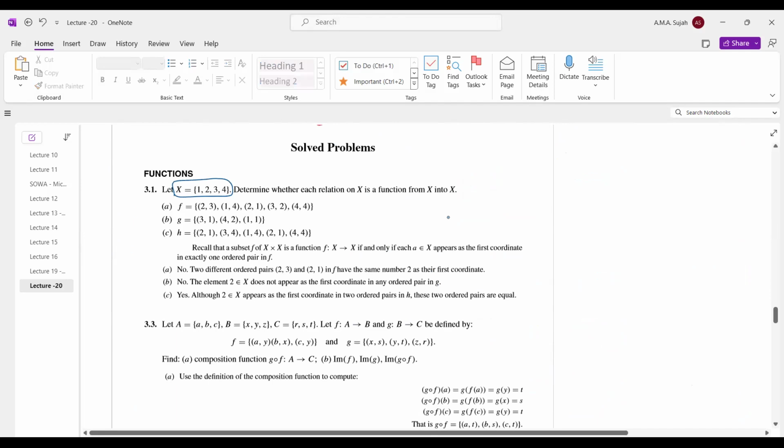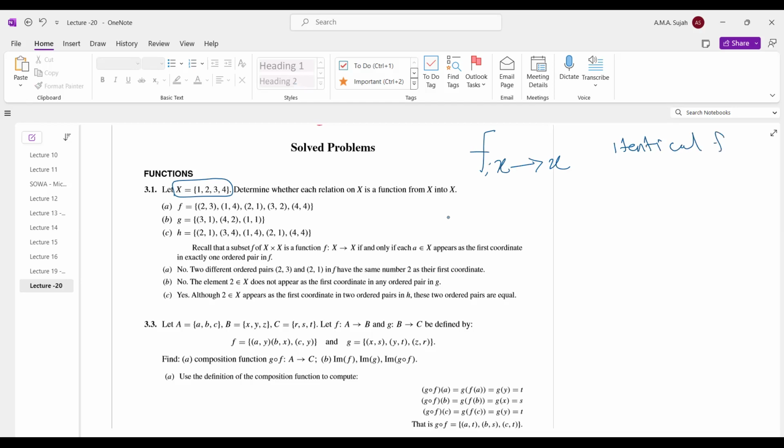Determine whether each relation on X is a function from X to X. We already know f is a function from X into X, so this is called the identity function, right?